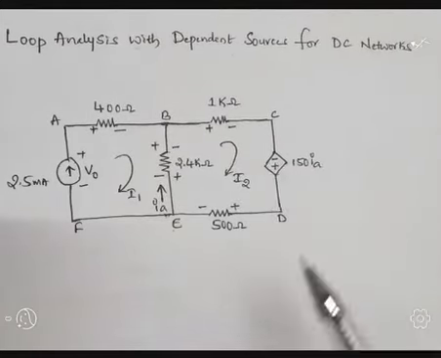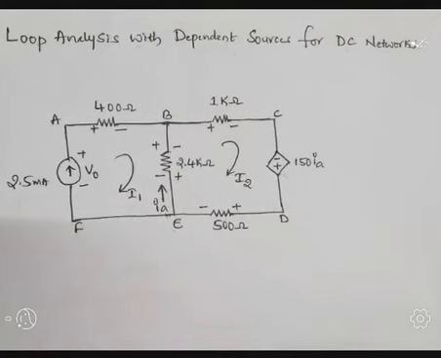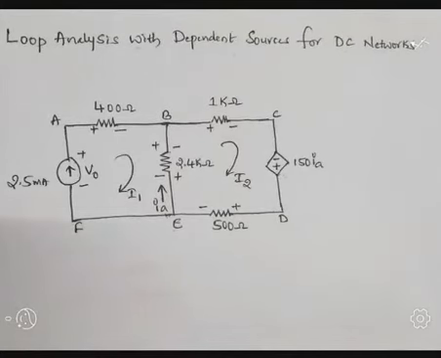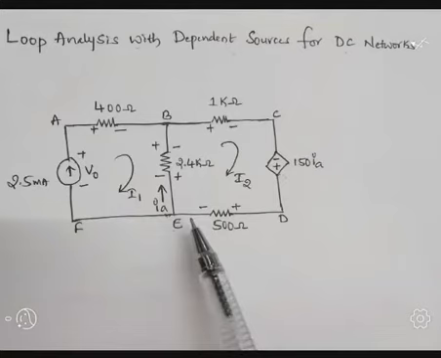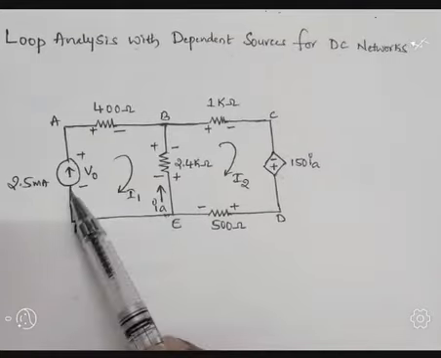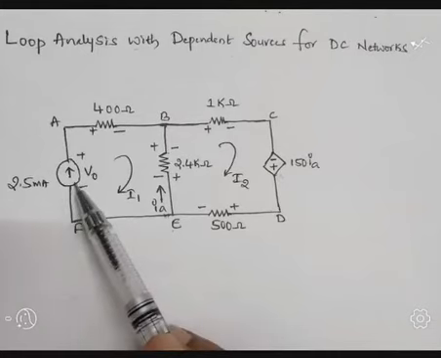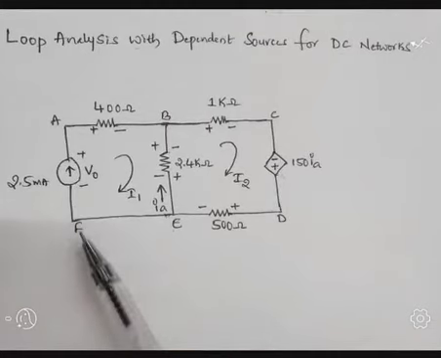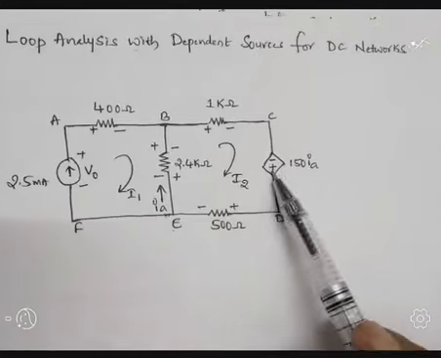Now we will analyze this network. For this network, I will take the example using the mesh current method or the loop analysis method. We have to find the power delivered by the independent current source. This is the independent current source. Second, we are going to calculate the power delivered by the dependent voltage source.